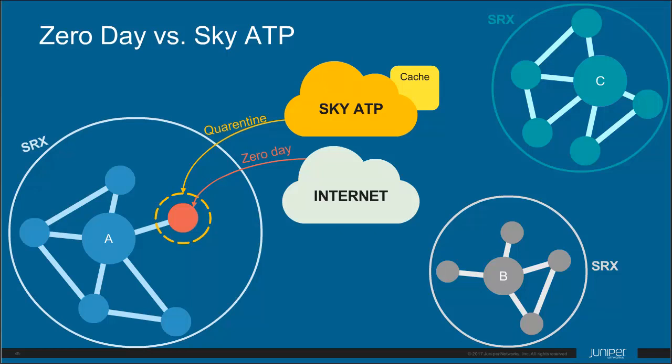And what that means is that, if the SRX and SkyTP are configured for that, SkyTP is going to automatically create a policy in the SRX so that this infected or compromised host won't be allowed to access the internet. So basically now, this host won't be able to communicate to the internet and won't be able to spread this threat over the internet.